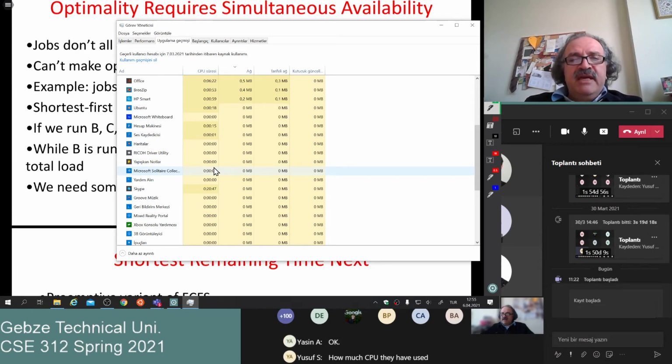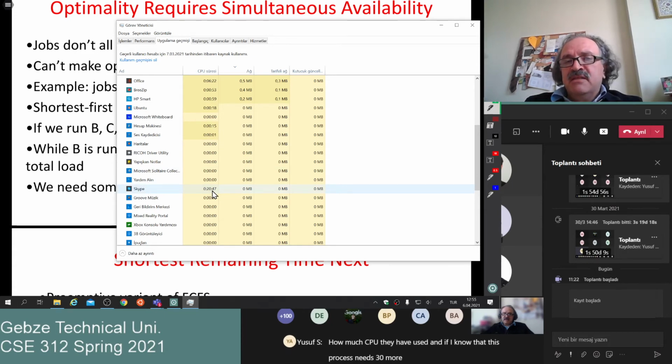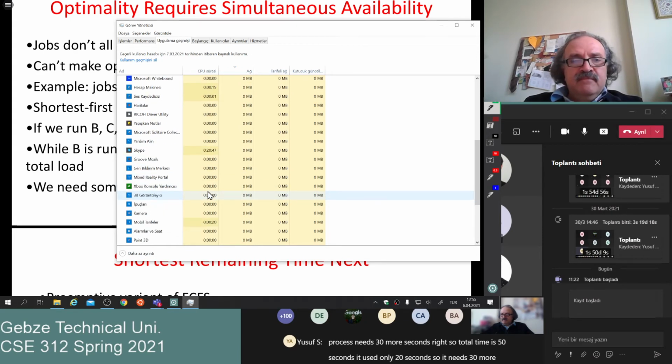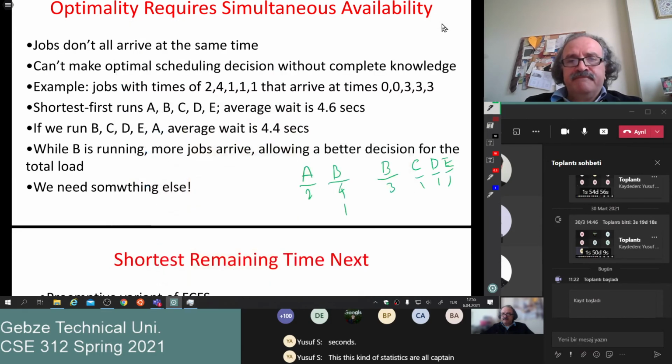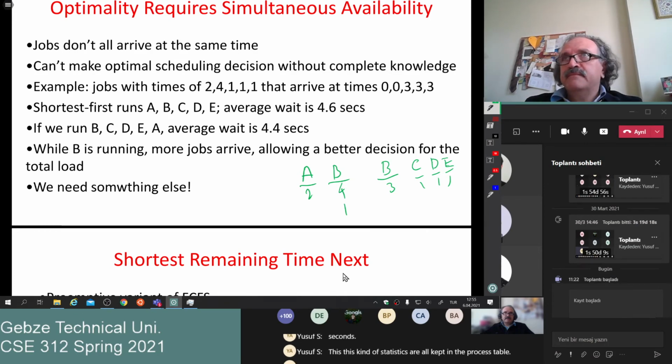If I know that the total time is 50 seconds and it used only 20 seconds, it needs 30 more seconds. These kinds of statistics are all kept in the process table. Okay, good. Any other questions?